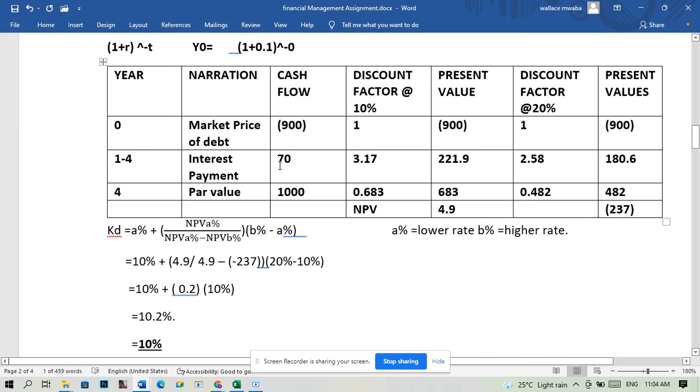Now this is an annuity, meaning that you'll be receiving a fixed payment over a fixed period.